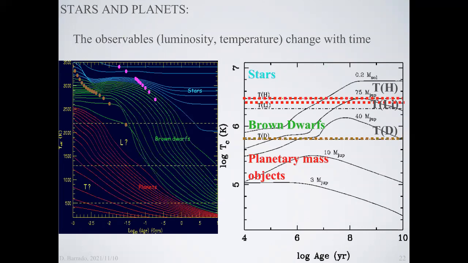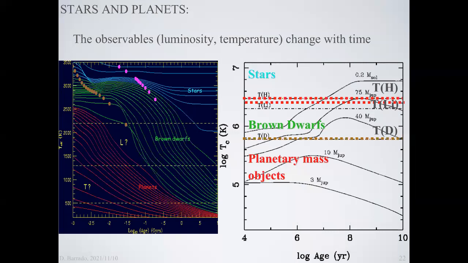Just to let you know, for those who are not astrophysicists, the difference between stars and brown dwarfs is the source of energy. Stars are able to fuse hydrogen or other elements inside to produce energy.